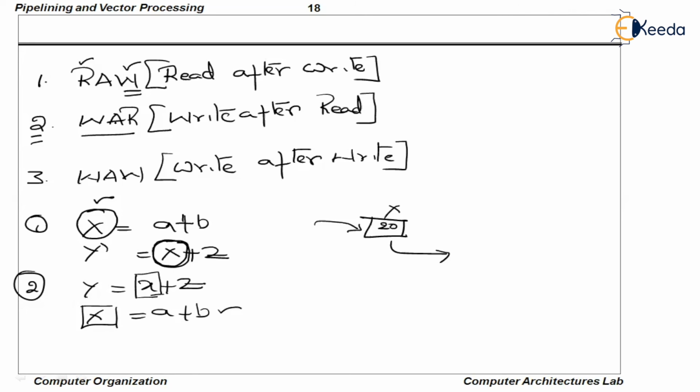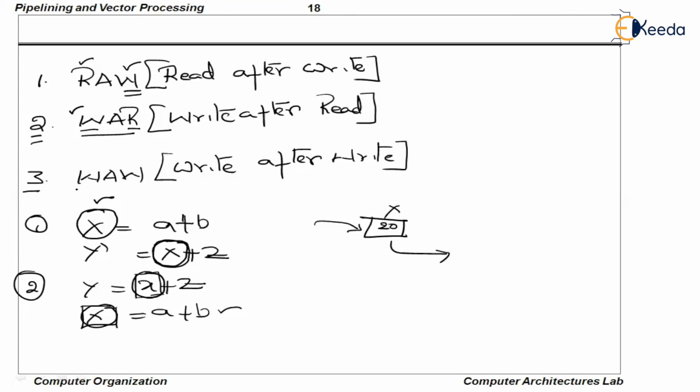So this is called WAR, meaning the first instruction should read the x value, then only the second instruction will be able to write into the location of x. So here, this hazard is called WAR. Here, the order of the operations must be sustained. Writing should be performed after reading.